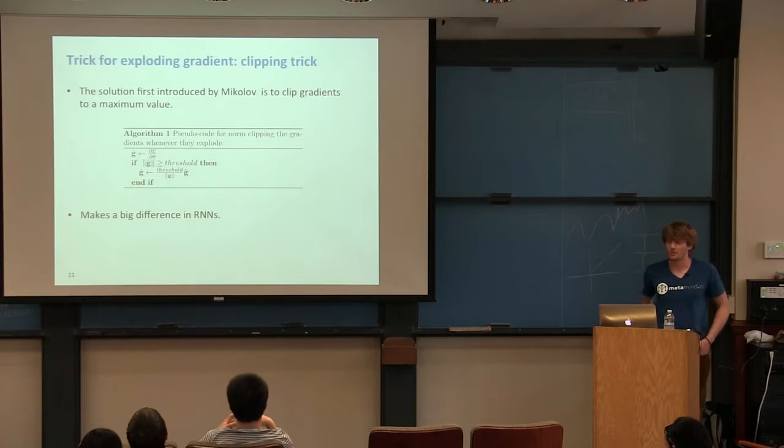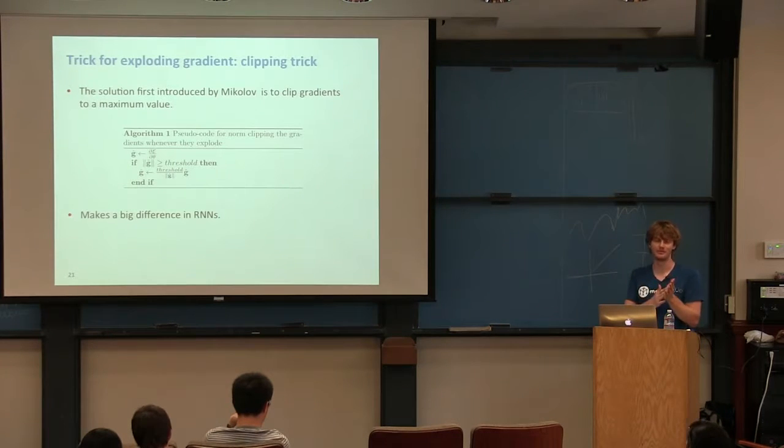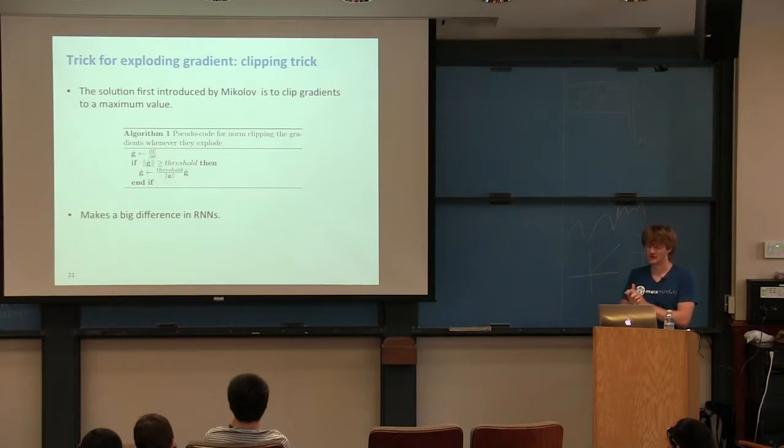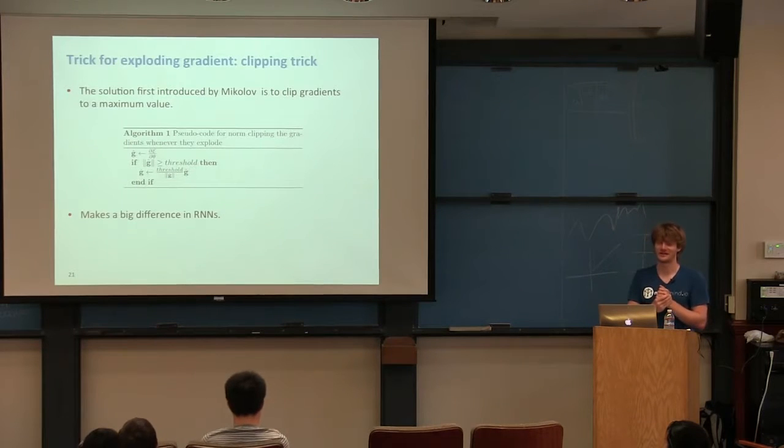All right, so now that we know what the problem is, how do we actually fix the problem and not suffer from that and actually get these models to work well? So far was the theory, now is the maybe not as beautifully justifiable practice, which is that one way to deal with the exploding gradient problem is the so-called clipping trick, which is really just saying we'll have a maximum value for every element of our gradient.